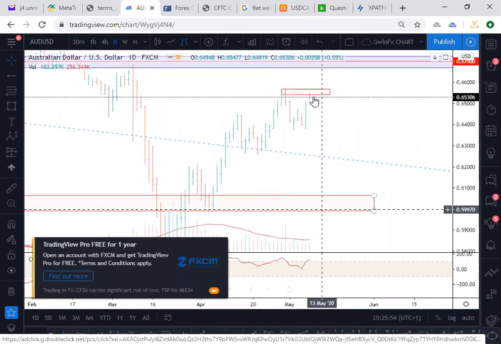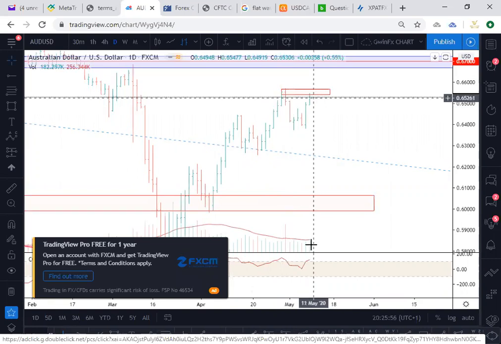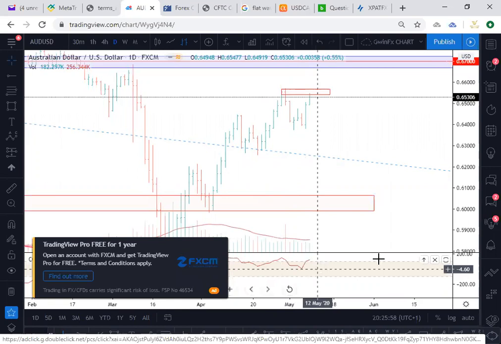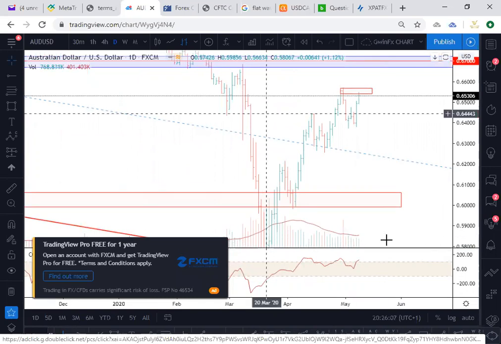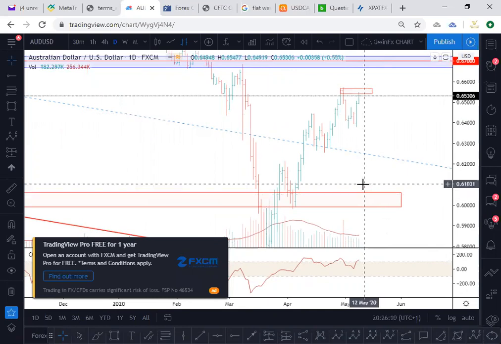So what do we need to see? We need to see some bit of confirmation from either volume or whatever we need to see, because we have reasons or a plan of entry. We want to be seeing some confirmations before actually making a trading decision.